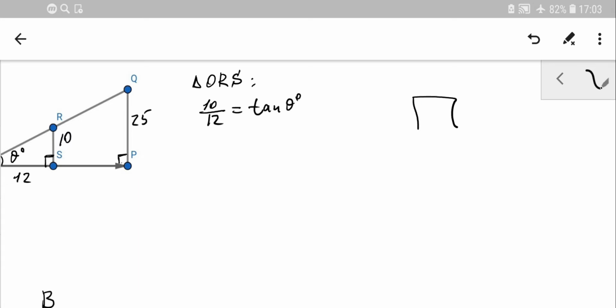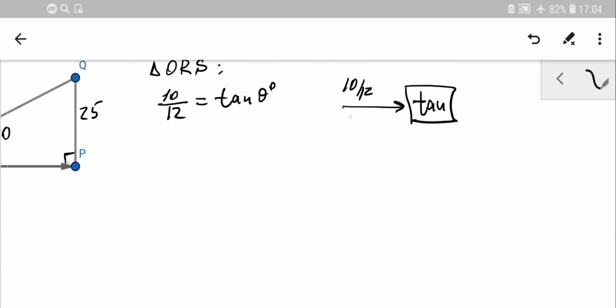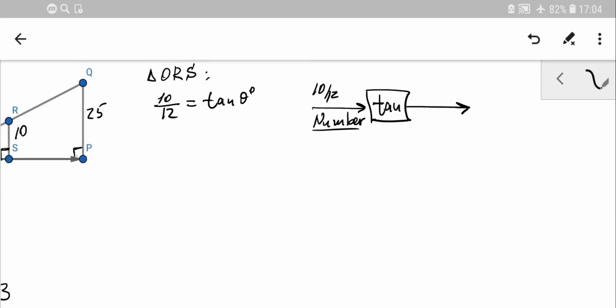Let's go back to the machine. The machine works as the tangent, so that's the black box, and we've got the number as input: 10 over 12 is the input for our machine. This is the number, guys, you remember, I hope. In the end, as output, it will give you theta in degrees, all right? So we simply take not tangent but inverse tangent.